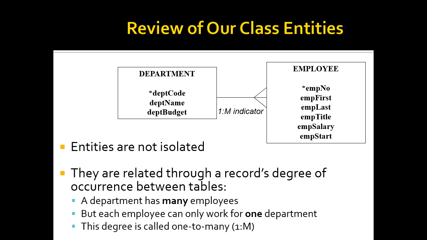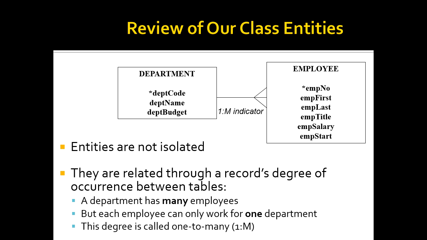A good tip I'm going to give you right now, and I'll repeat it again later on, is whenever you're analyzing these relationships, now we're worrying about more than one entity at a time, always read the relationship out loud or at least just in your head to yourself in both directions. So that crow's foot line, as we often call it, indicates that a department has many employees.